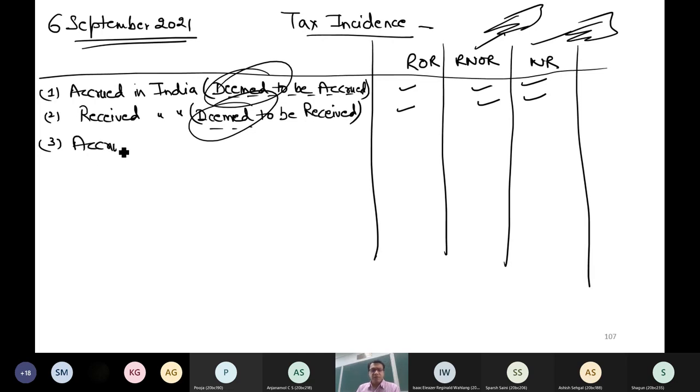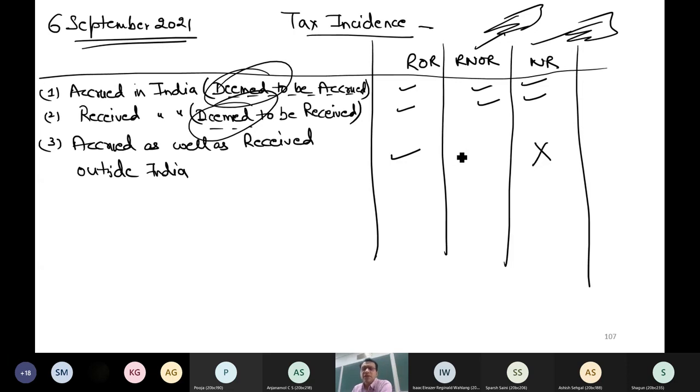Yes, but income accrued as well as received outside India is taxable only for ROR, not taxable for NR, and not taxable even for RNOR, except in one case, which I have discussed in detail already: business or profession and controlling or setup in India.